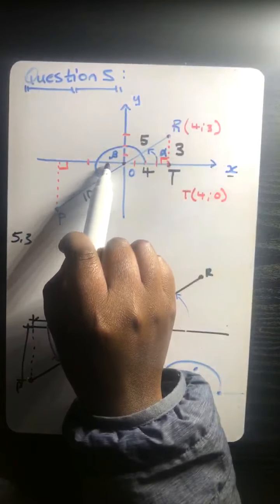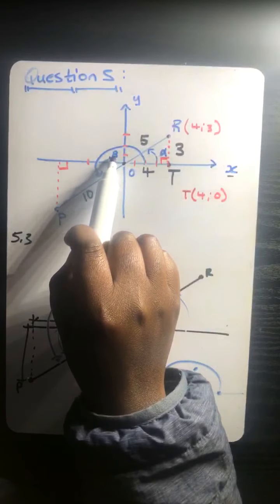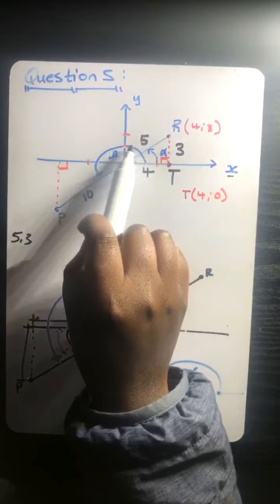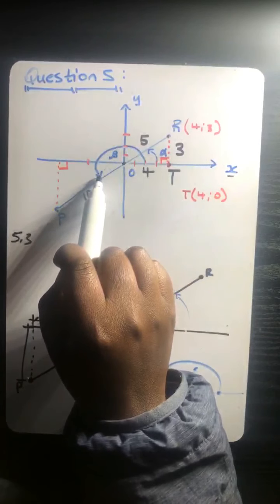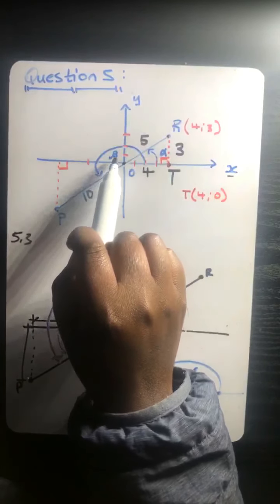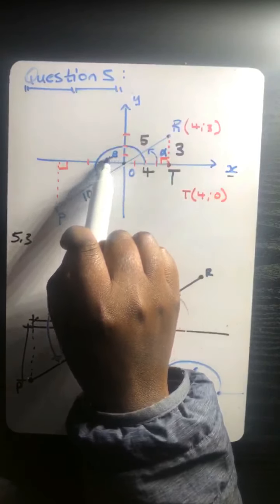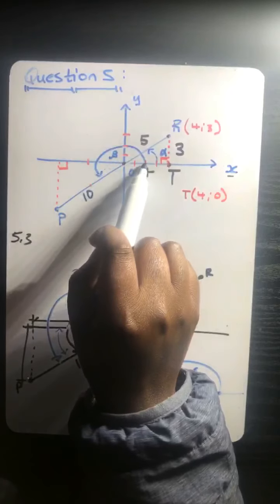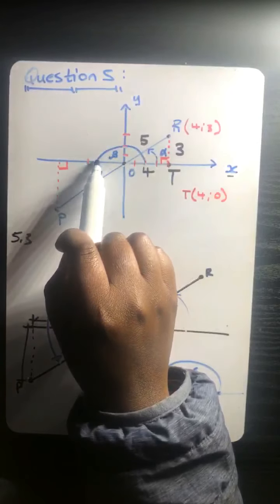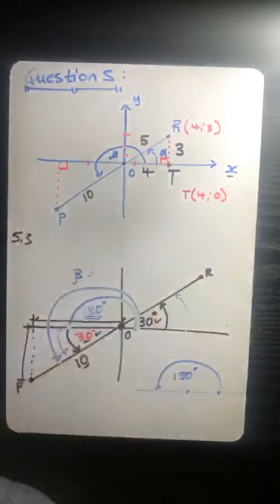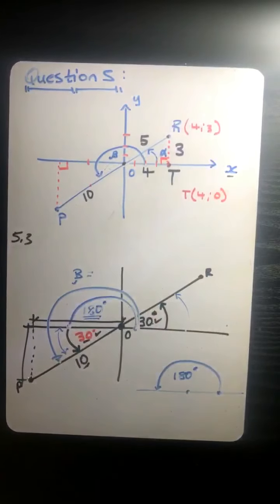But this angle is not angle beta, because beta starts from there and goes up to there. So if the question says what is angle beta, it has to be 180 plus that smaller angle. I'm not sure if I gave a better response there.